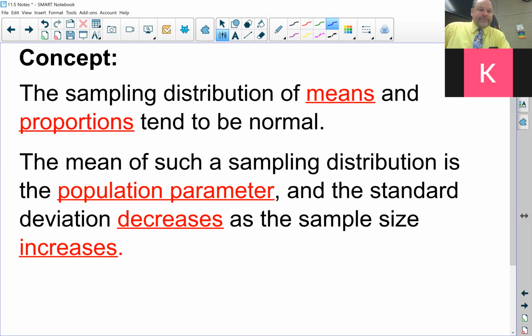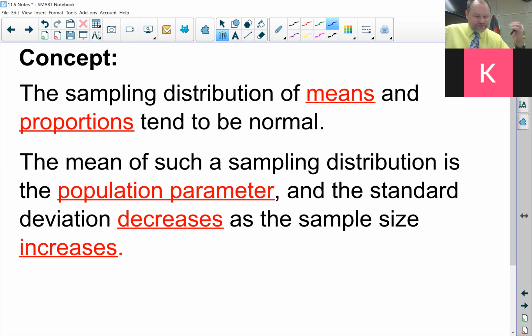So the sampling distribution of means and proportions tend to be normal. The mean of such a sampling distribution is called the population parameter, and the standard deviation decreases as the sample size increases. And we kind of talked about that a little bit when we said that the sample size needed to be larger for Seth and Tia in order to better approximate the percentage of freshmen at the college.